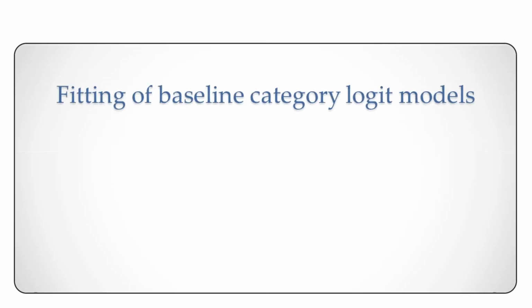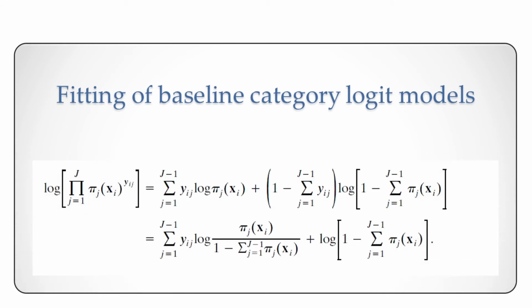The fitting can be done by noting that the likelihood can be written as log of product j equal to 1 to capital J pi j of xi to the power yij, which simplifies into summation j equal to 1 to J minus 1 yij log of pi j xi plus 1 minus summation j equal to 1 to J minus 1 yij into log of 1 minus summation j equal to 1 to J minus 1 pi j xi, which using the model can be written as summation j equal to 1 to J minus 1 yij into log of pi j xi over 1 minus summation j equal to 1 to J minus 1 pi j xi, plus log of 1 minus summation j equal to 1 to J minus 1 pi j xi.